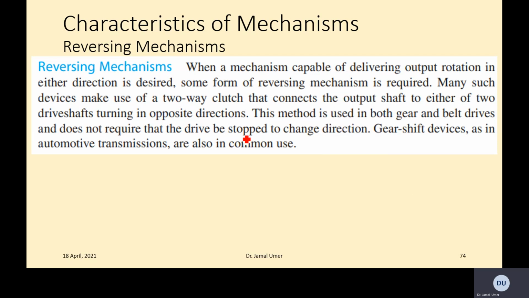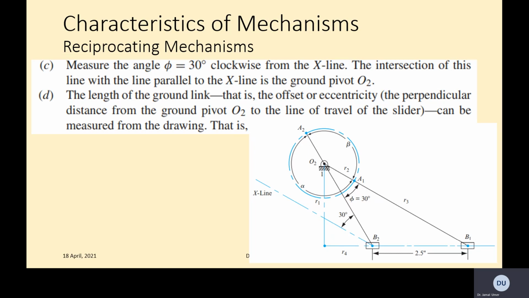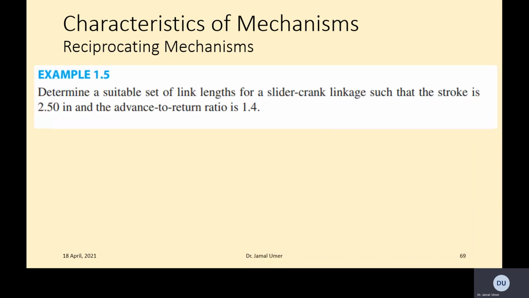So we are discussing different characteristics of mechanism, and in our last lecture we have done one of the problems related to reciprocating mechanism, and a method was discussed to draw the schematic of reciprocating mechanism, mainly for the slider crank linkage, and we were given the advance to return ratio as well as the stroke.